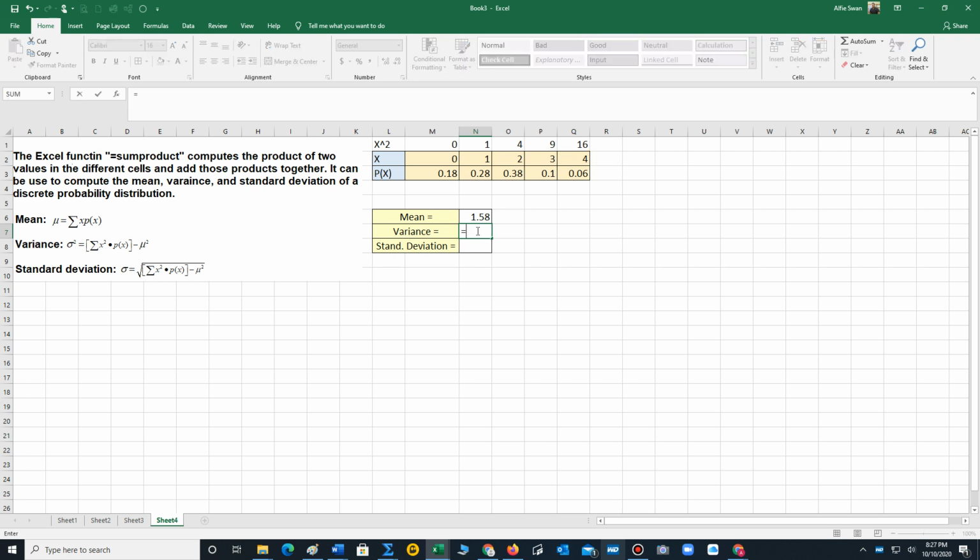Type in equals, sum product, parentheses, select the first array, which are the squared values of the outcomes, comma, select the probabilities, close the parentheses, and then type in minus, select the cell that contains the value of the mean, raise it to the second power, hit enter.